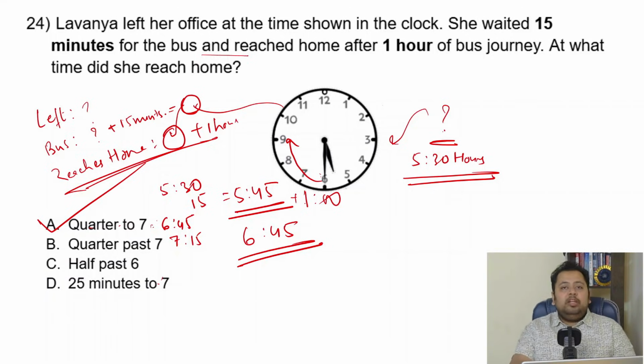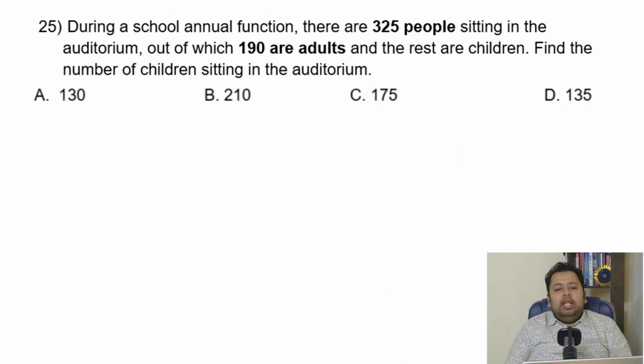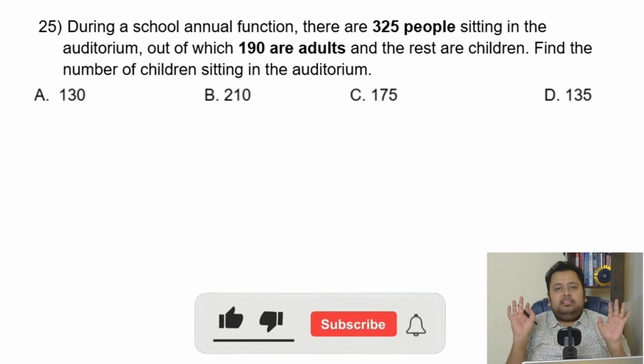And now we move to question number 25. During a school annual function, there are 325 people sitting in an auditorium, out of which 190 are adults and the rest are children. Find the number of children sitting in the auditorium. So what you need to do here is a subtraction.